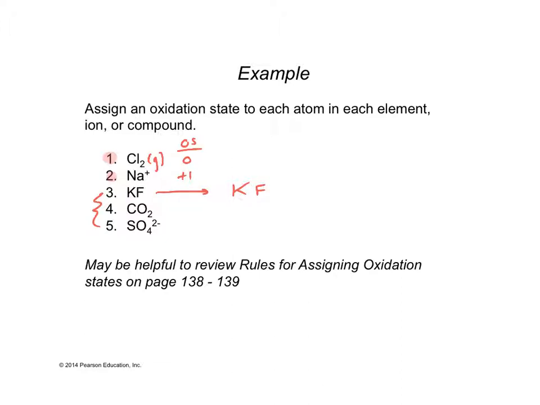So for example, KF, what is the overall charge of this compound? It's 0, right? So what this tells us is that the oxidation state of potassium plus the oxidation state of fluorine, they have to sum to this overall charge of 0, because that is the charge of the compound.